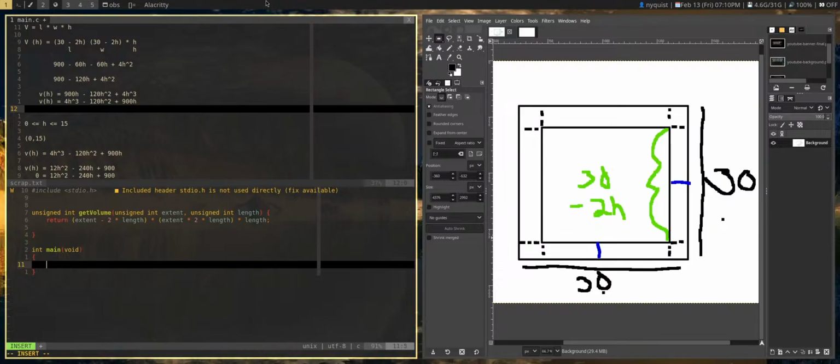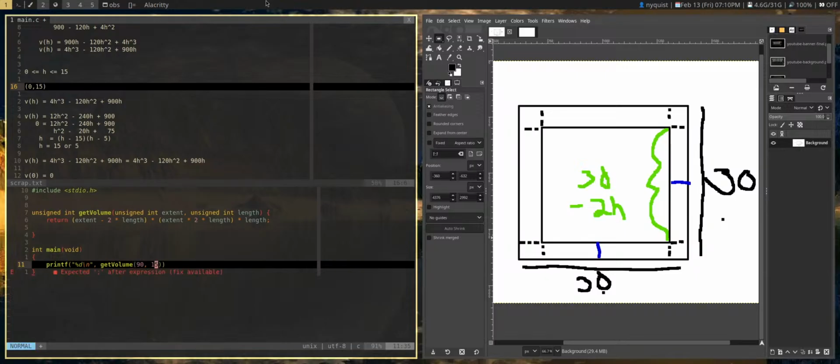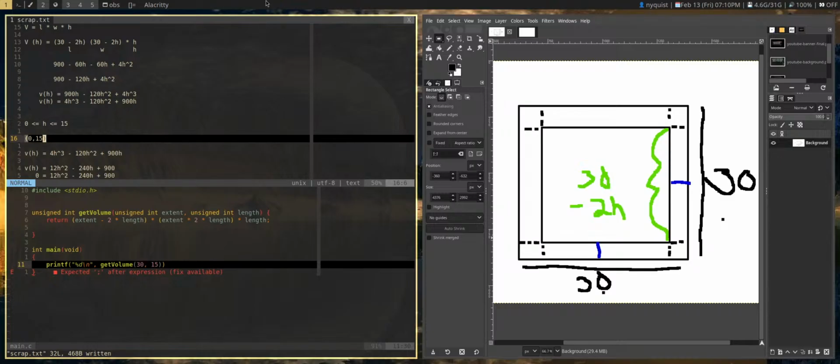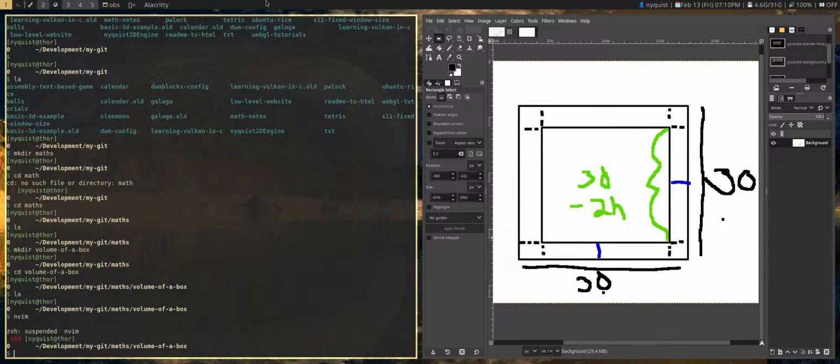So let's see what happens when we type in get volume of 30, and we didn't solve for H, but did we solve for H? Yeah, 15. Let's just see what we get for that.